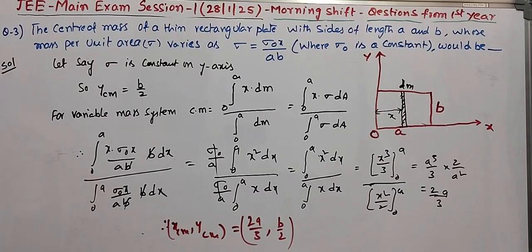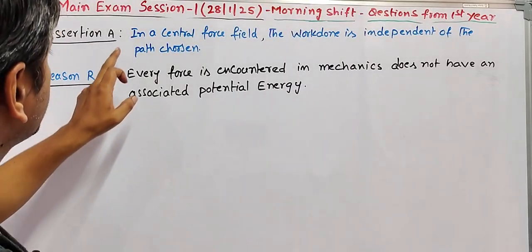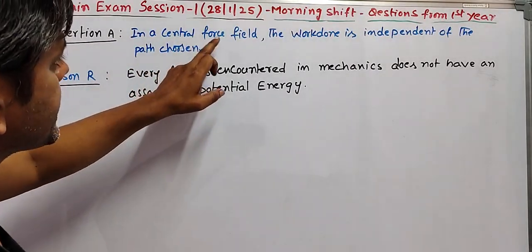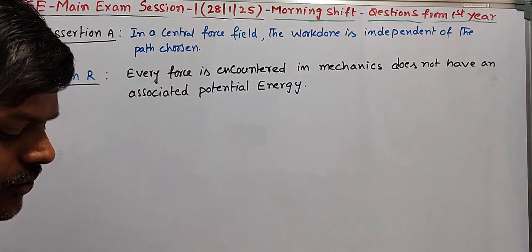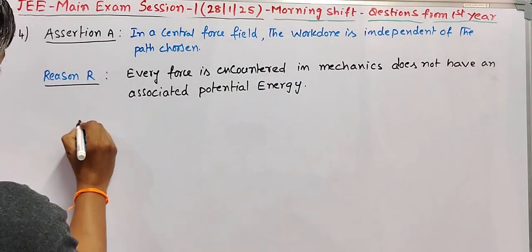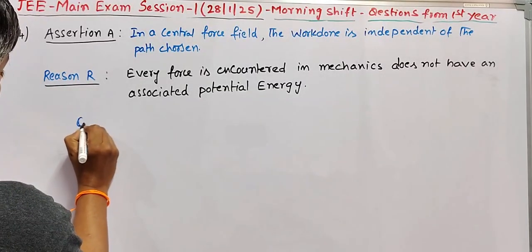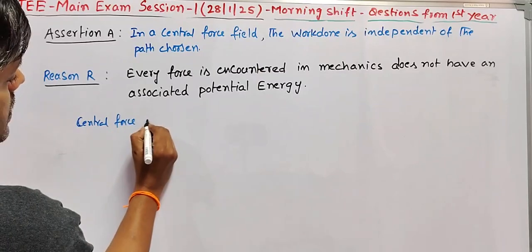Okay, right. The fourth question, assertion reason type. What is given? In a central force field, the work done is independent of the path chosen. You see, what is a central force? First of all, central force.